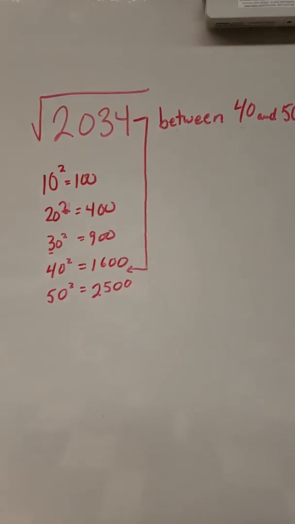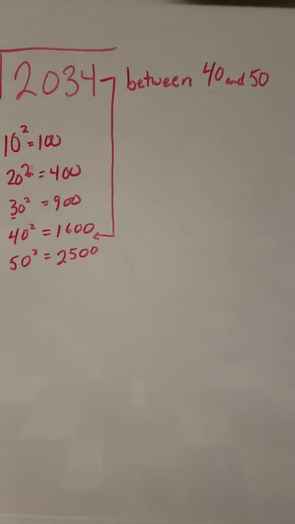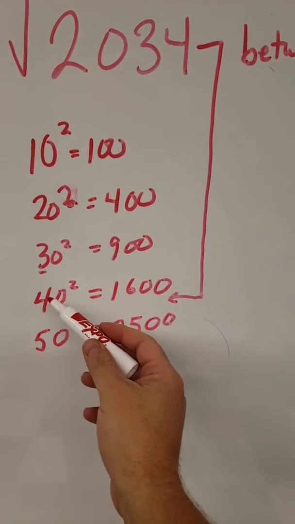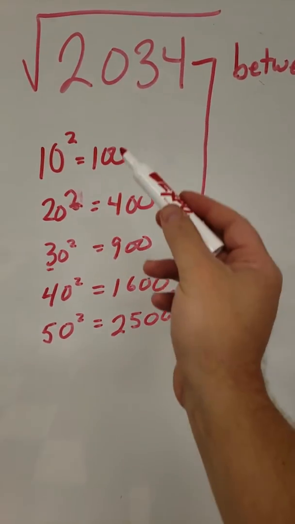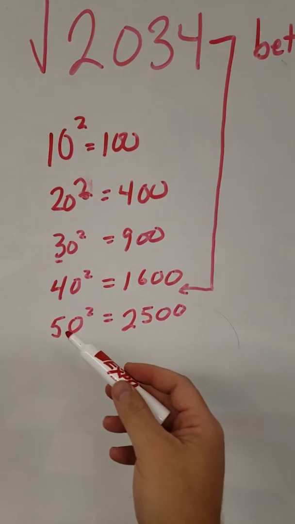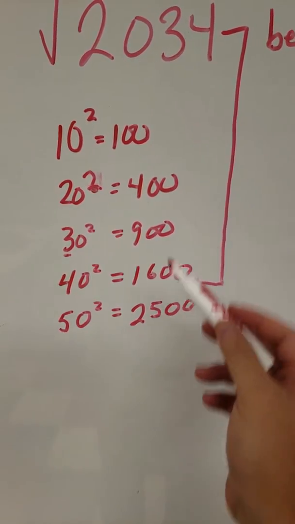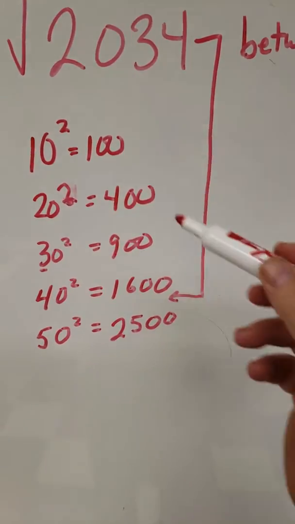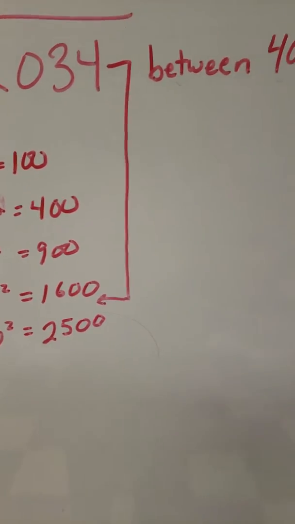Okay, so we know that it's definitely not equal to 40 because 40 squared is 1,600, not 2,034. And 50 squared is 2,500, not 2,034. So that means that there's only 9 possible numbers to choose from.